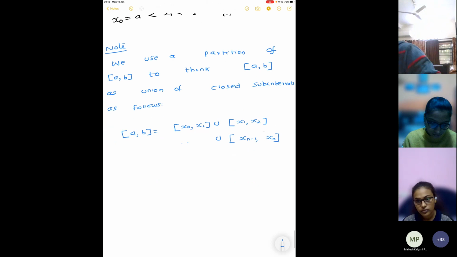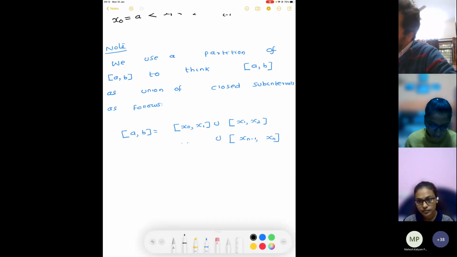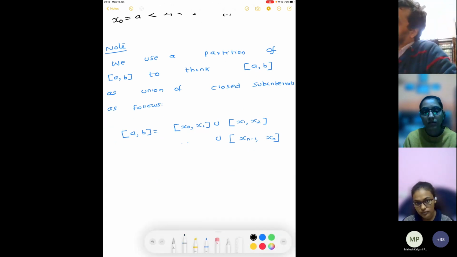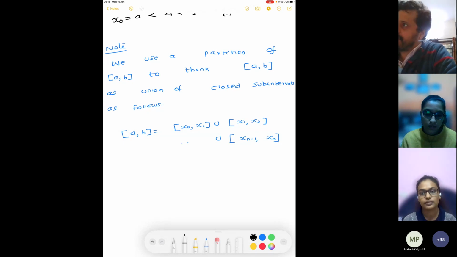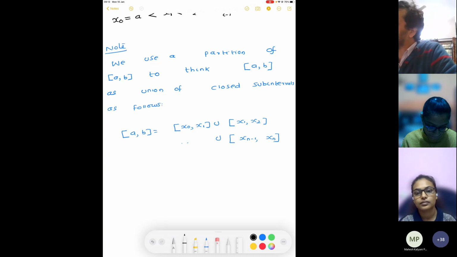Now let us try to give a neat notation. I told you that what Riemann did was, in each subinterval, instead of considering the original f of x, consider f of x to be a constant, so that you can talk about the area of the rectangle. What constant should I consider? f of x equal to some c, which could be the optimal c.